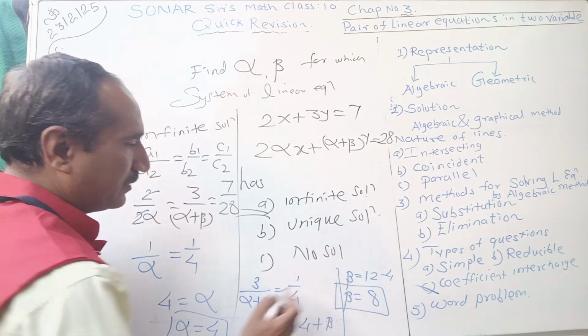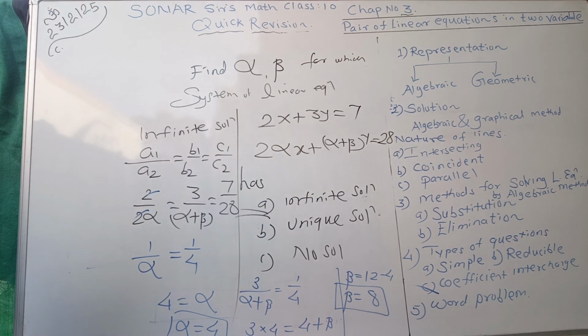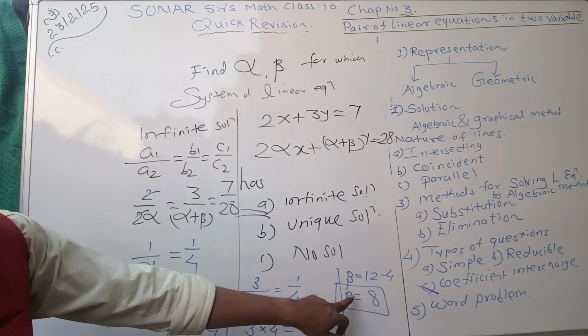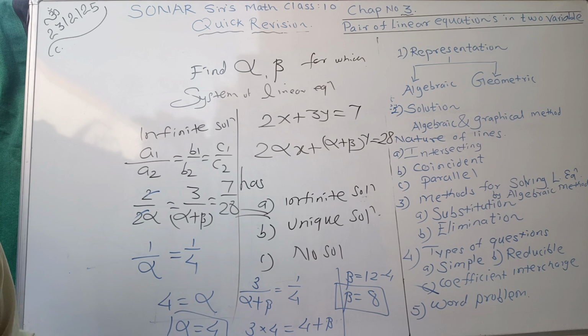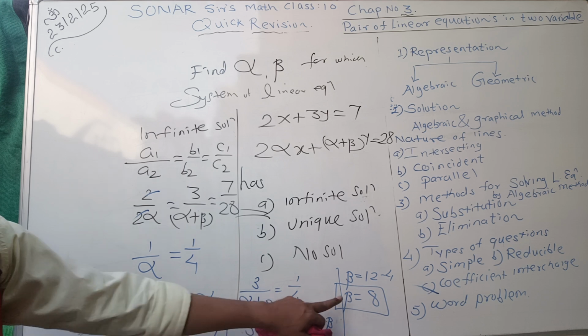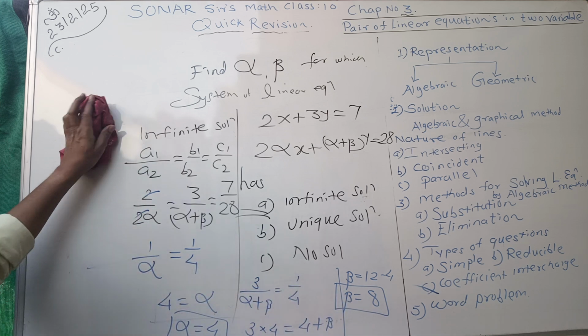So for the infinite solutions condition, the values of alpha and beta are 4 and 8.